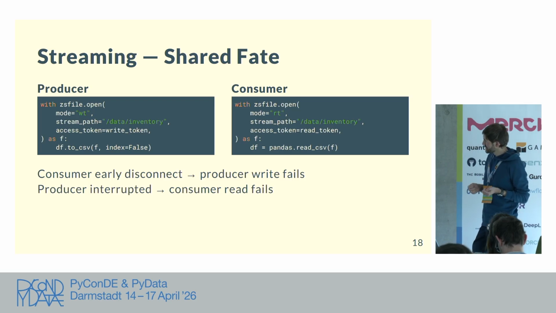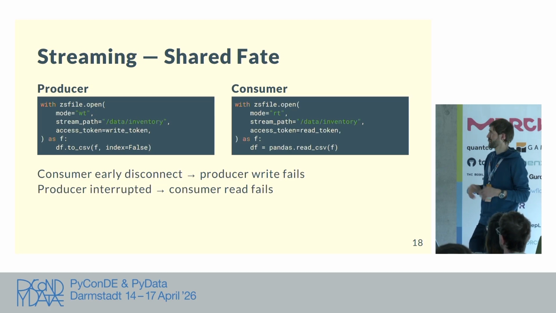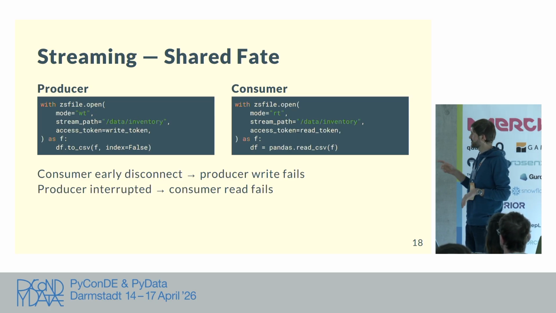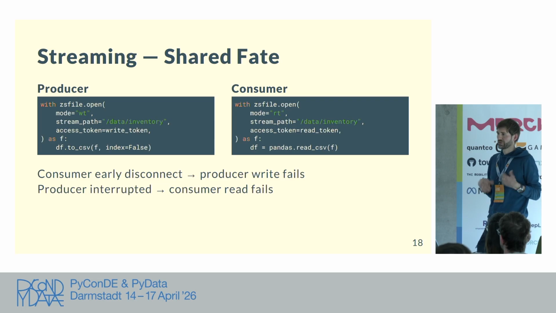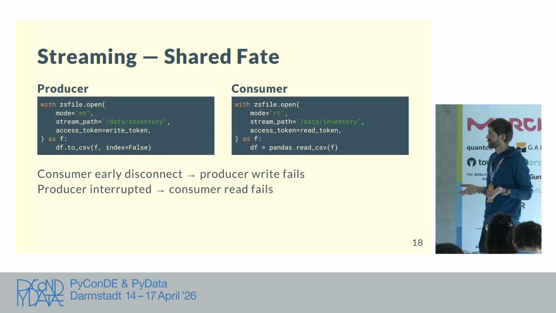And the other way around, if the producer is happily producing, and there's a memory error or something, it crashes, the consumer will know because there's no end of file. It just gets interrupted, and it will also know that the data is just partial.